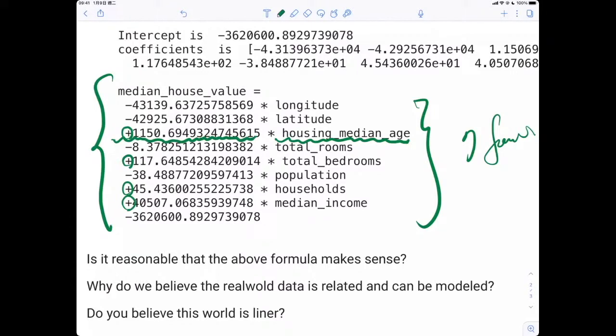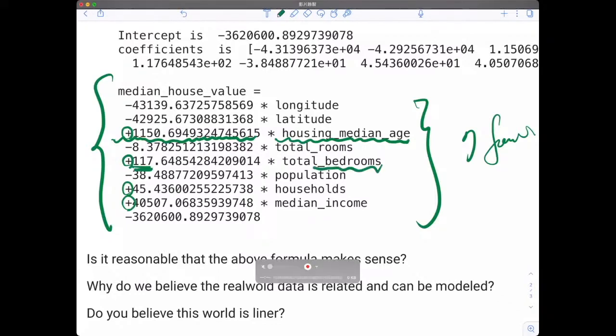One year of median age will increase your house value by 1,150. So the question is, is it reasonable? Does it make sense? I'm not sure the answer is yes or no.